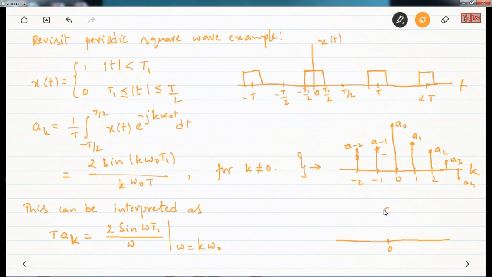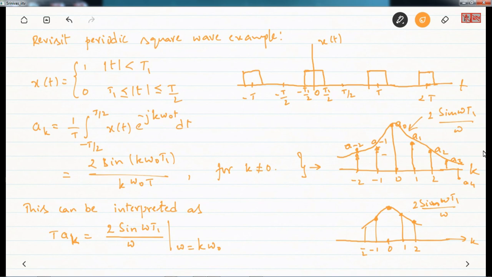So this can be considered as this function, 2 sine omega t1 by omega, and it is being sampled at k equal to 1, k equal to 2, and k equal to -1, -2, and so on. So this envelope is the function 2 sine omega t1 divided by omega, right?